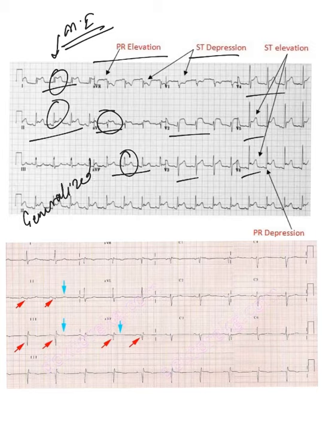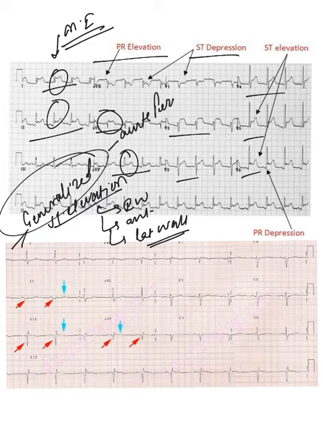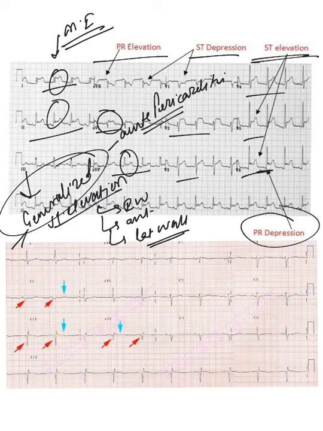So whenever there is generalized ST elevation, not regional, not localizing to either inferior wall or anterior wall or lateral wall, this occurs in acute pericarditis. When the ST changes are not localized to a particular region and it is generalized, then it is due to acute pericarditis. And this ST elevation is also associated with PR depression. This is also a finding of acute pericarditis.